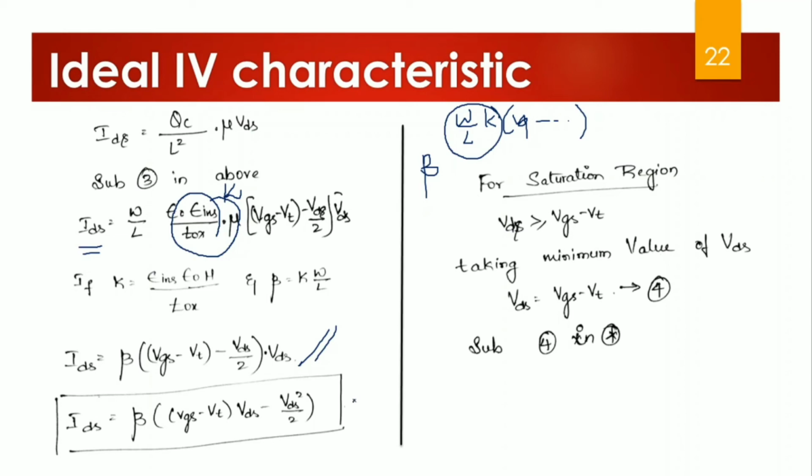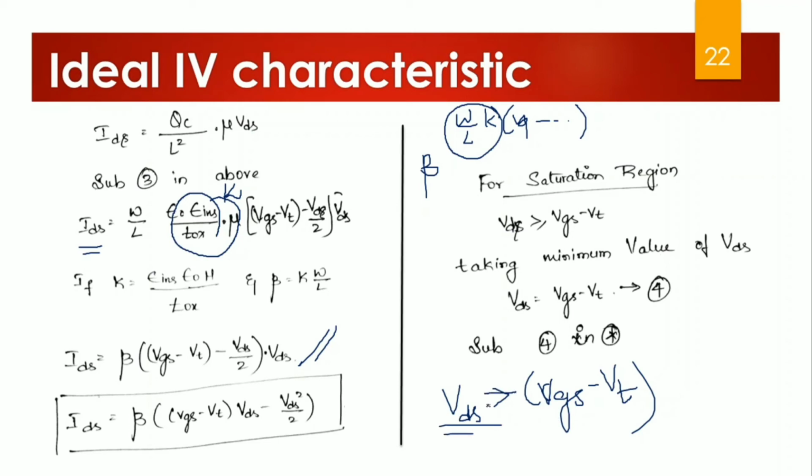If you want to calculate for the saturated region, what is the value of VDS at saturation region? At saturation region, VDS value should be greater than VGS minus VT. What is the minimum value of VDS now?